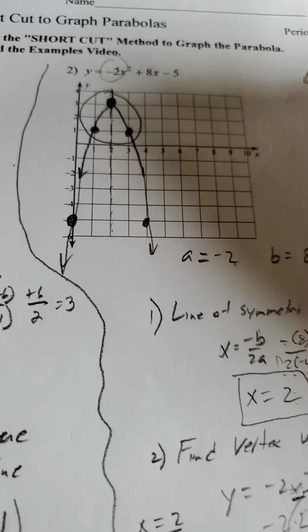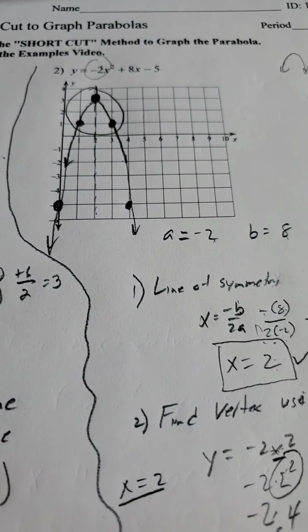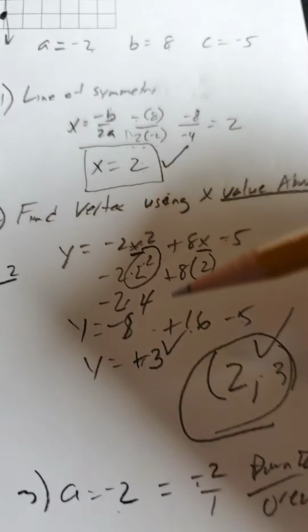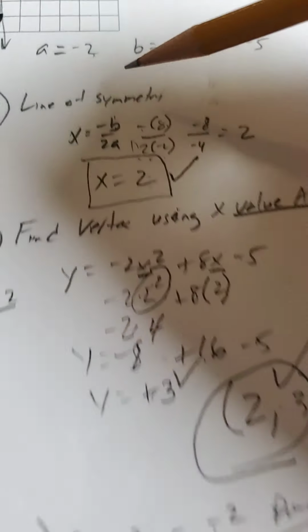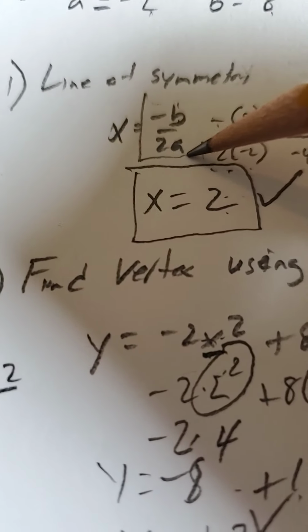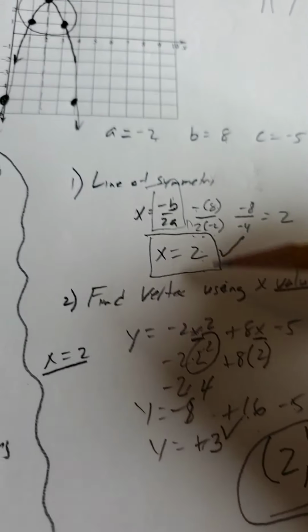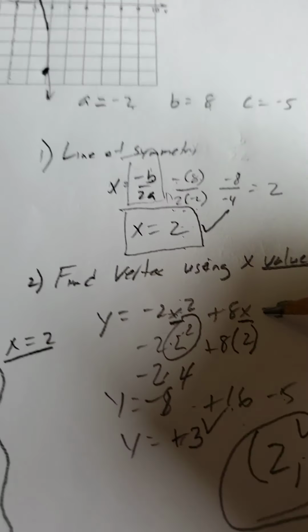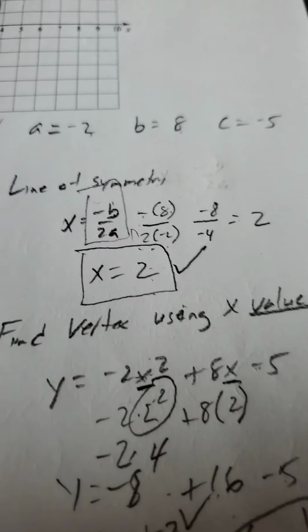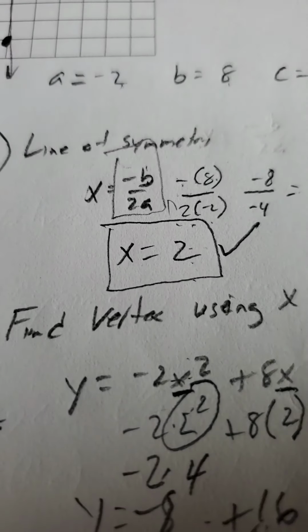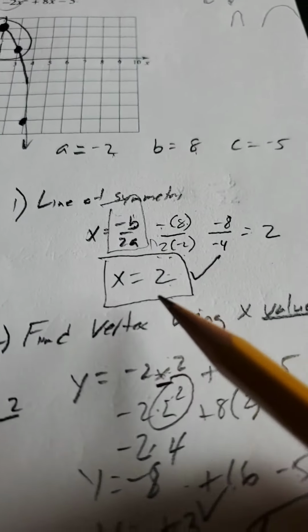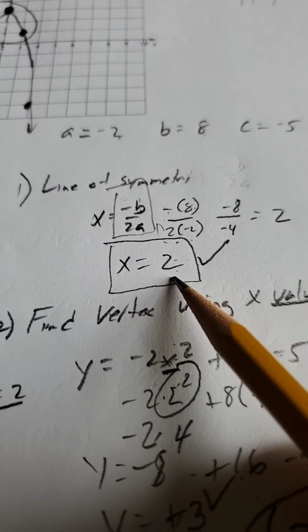Hope after hearing the explanation and seeing 2 examples, you're getting the hang of this process right here. Negative b over 2a tells you which x value you're going to plug into the function. You don't have to plug in 5 or 6 times like we did picking x, finding y, picking x, find y. The x equals 2 is the x we're going to pick.